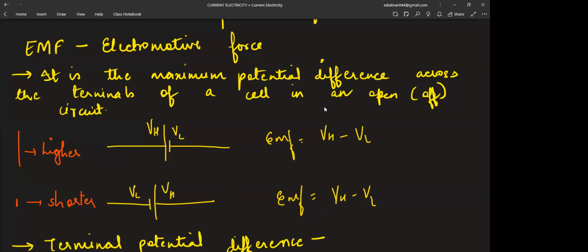If we have the same thing for a closed circuit, then we call the quantity the terminal potential difference. I'll tell you that. First, write it down. Electromotive force.